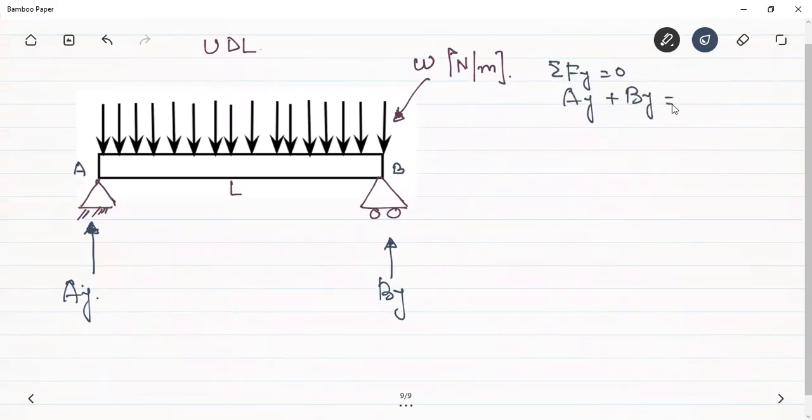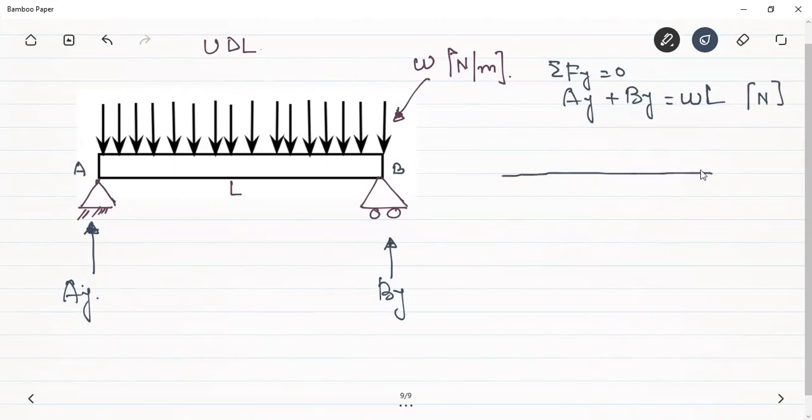And what is the net load acting on the beam? Obviously, it will be equal to the area under the loading diagram. This is omega and this is L. Therefore, the net area of the loading diagram is equal to omega into L. This will be in newtons because omega is Newton per meter, length is L in meters, and meter will cancel out.